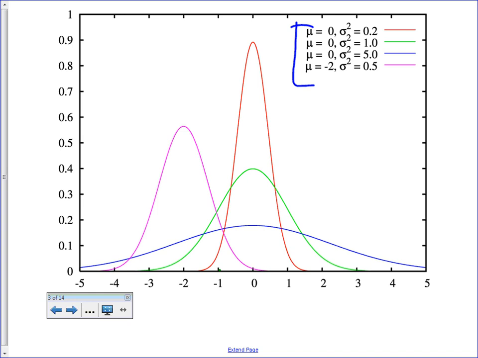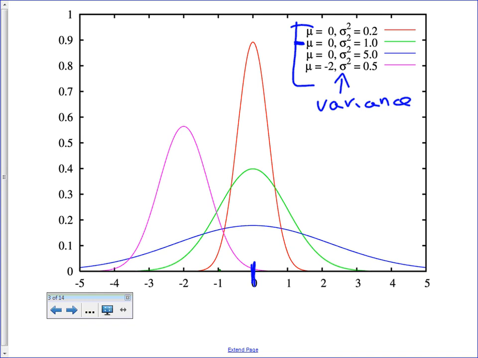So the red curve and the green curve and the blue curve are all centered at 0 with an average of 0. But they have different spreads, and for whatever reason in this graph, this is not the standard deviation. If it's squared, remember that's the variance. To find the standard deviation, we take the square root. But the green one is going to be the important one, because if you take the square root of 1, you still get 1.